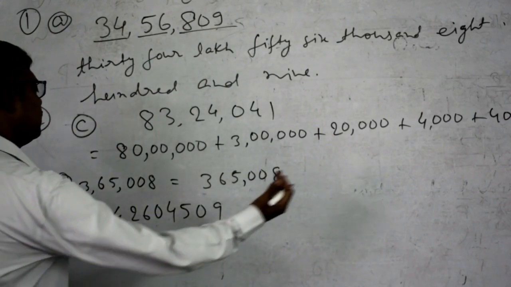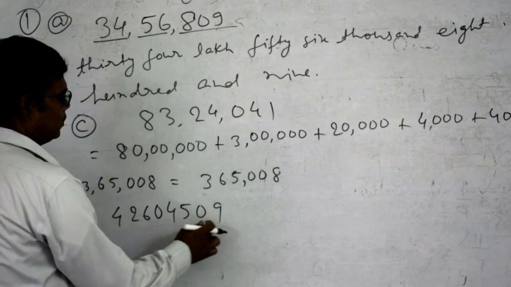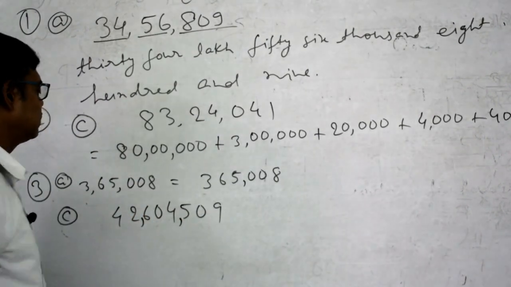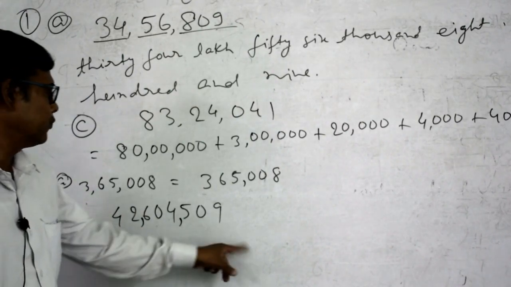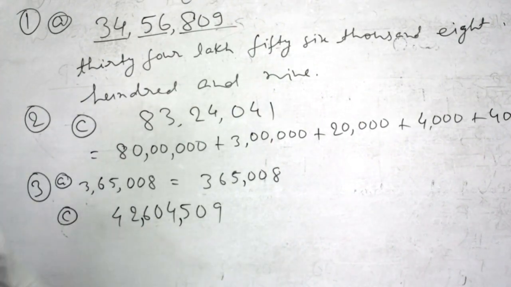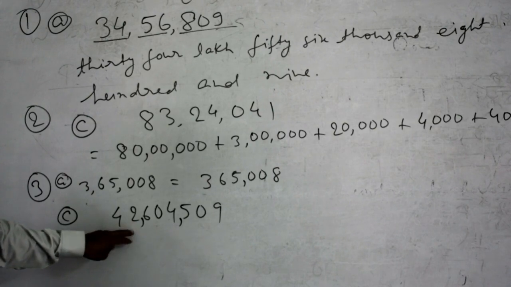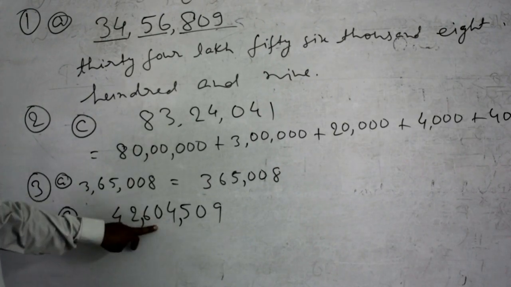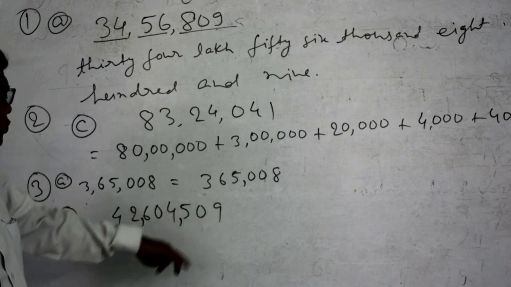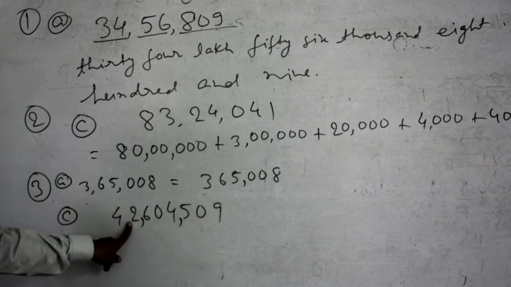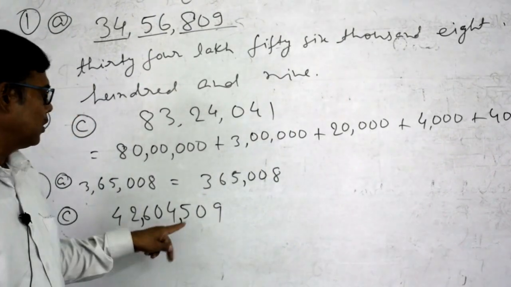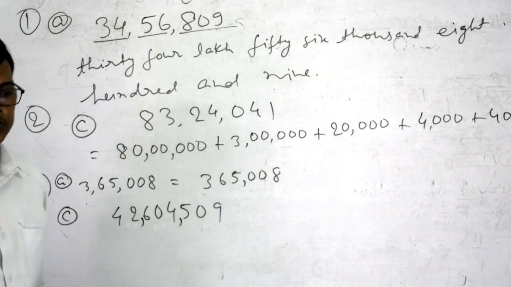Again, start from the right side and count 1 2 3 comma, 1 2 3 comma. That's it, this is the answer. Now you can read this number as 42 million, because this is in the millions period, this is in the thousands period, and this is in the ones period. So 42,604,509.